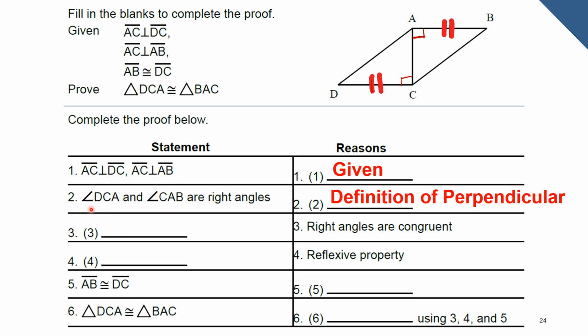So we're just going to say angle DCA is congruent to angle CAB. The reason there is that right angles are congruent. And remember, we said earlier that that's actually a theorem. So you could also see this written as right angle congruent theorem.